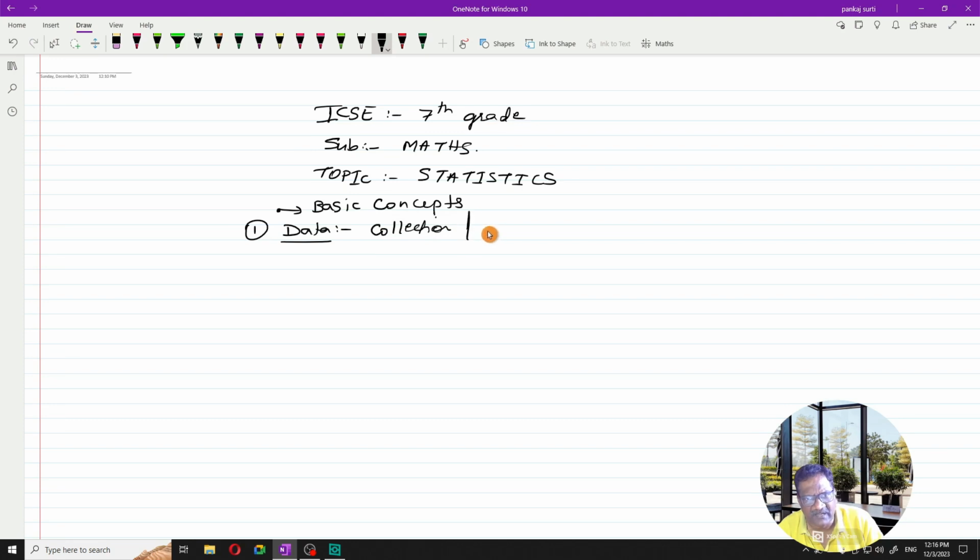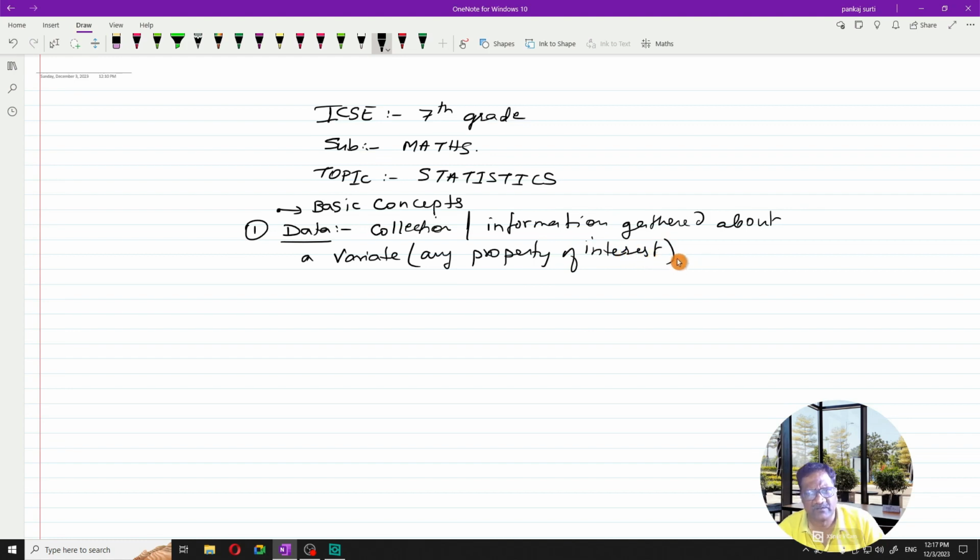So data is nothing but a collection or information gathered about a variate. What is a variate? A variate is any property of interest for study.